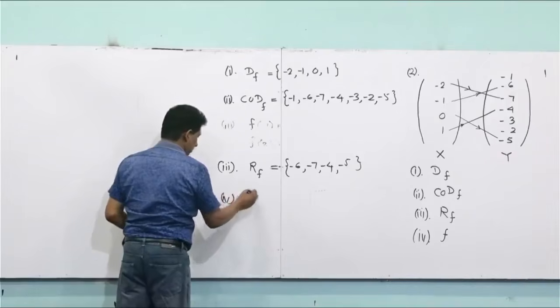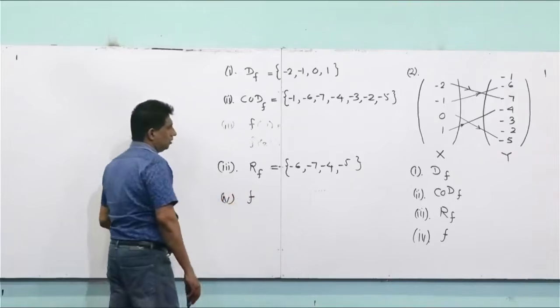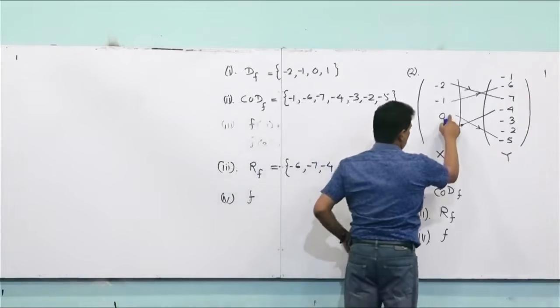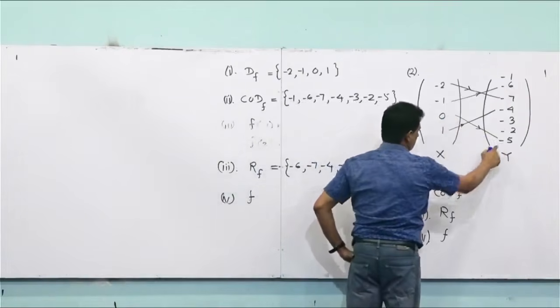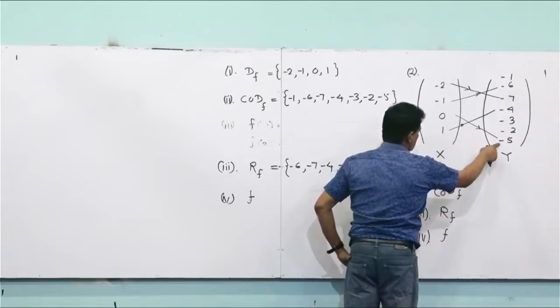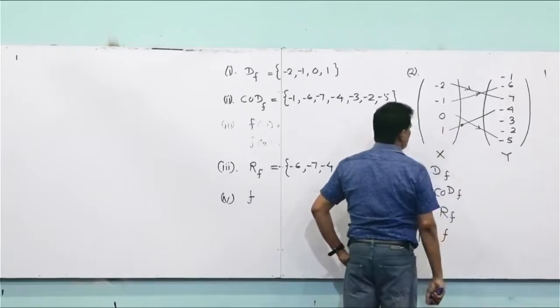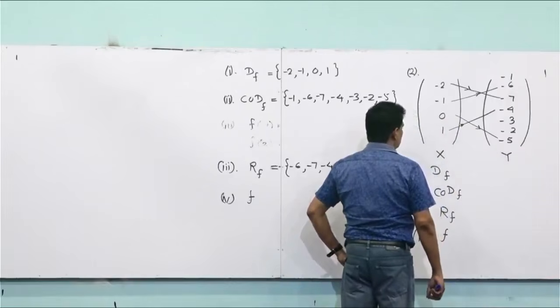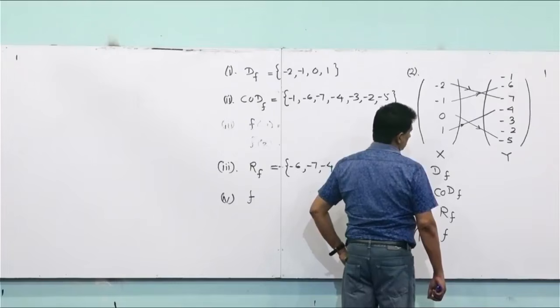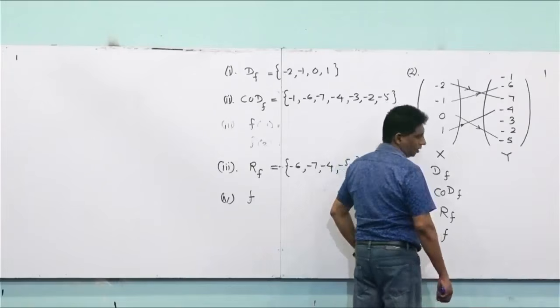Then we have to write the function. For that case, we have to check how this element relates to this element mathematically. Here 0, here minus 5. Okay. So what is the relation?